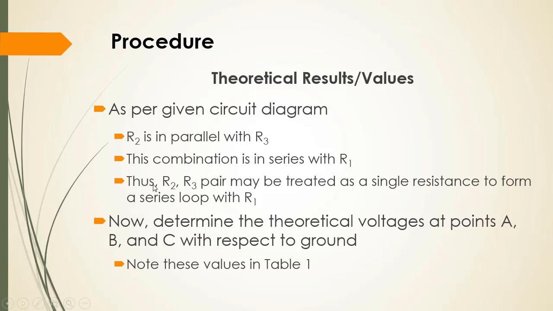Thus, the R2-R3 pair may be treated as a single resistance to form a series loop with R1. Now, we have to determine the theoretical voltages at point A with respect to ground, point B with respect to ground, and point C with respect to ground. And we will note these values in table number 1.